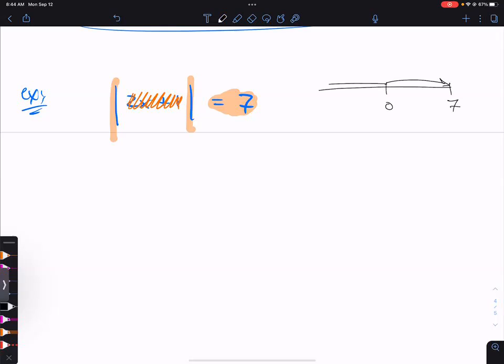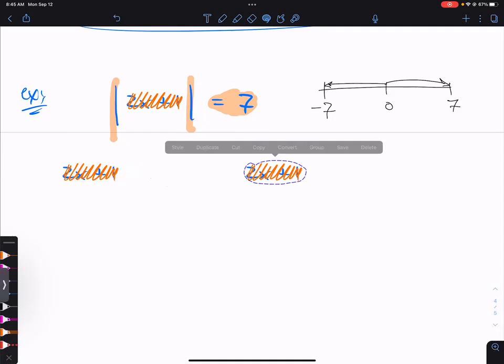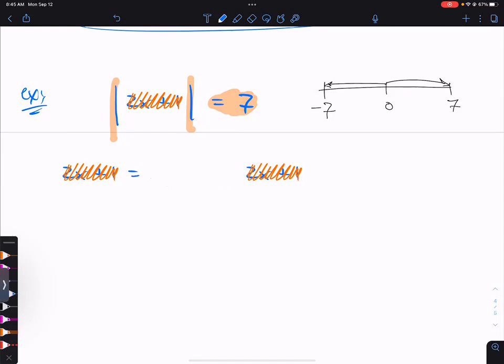Plus 7 or minus 7? Okay. Well, that means that whatever this is could be either what or what? 7 or negative 7.